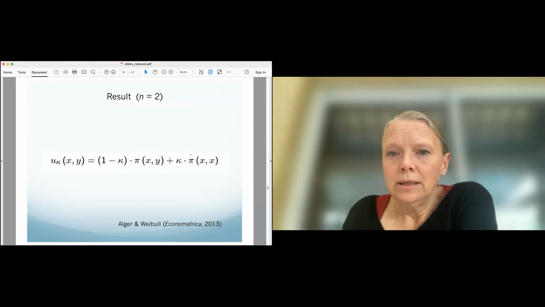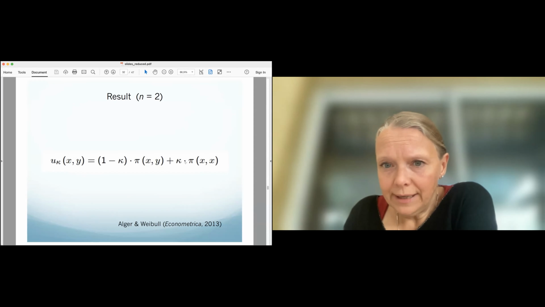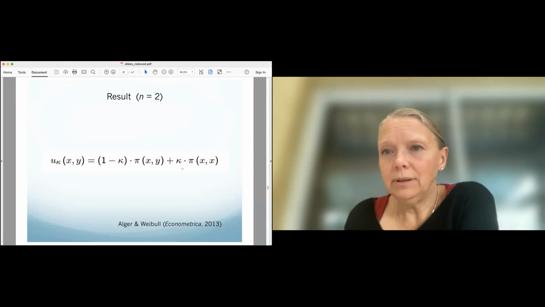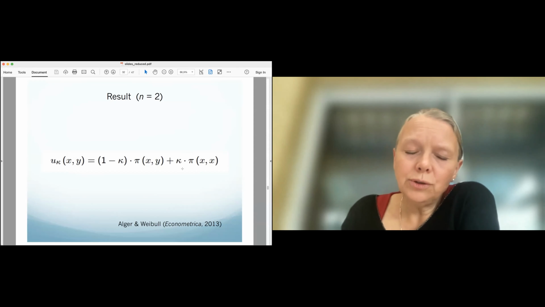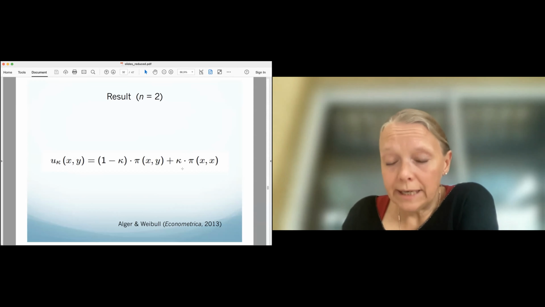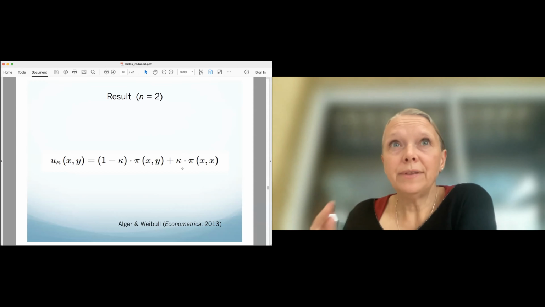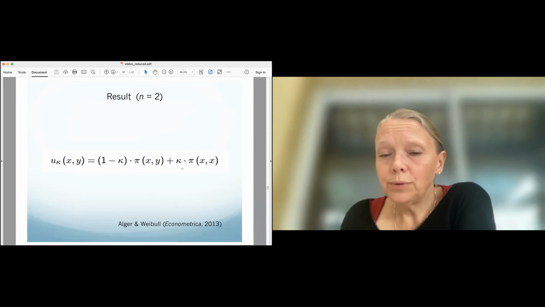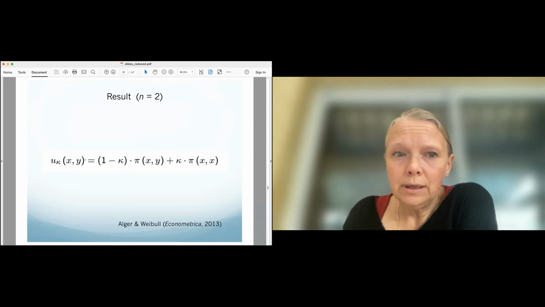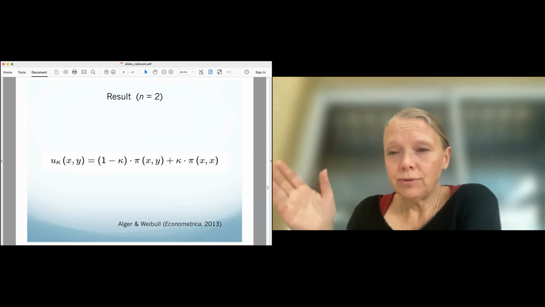What is that? So x here is the individual's own strategy. So pi xx is the material payoff that the individual himself or herself would get if, hypothetically, both players were to choose x. So you see, y here is the other's real strategy, right?